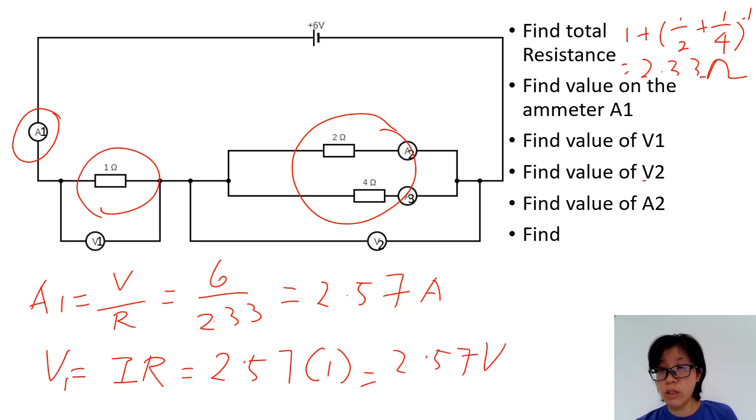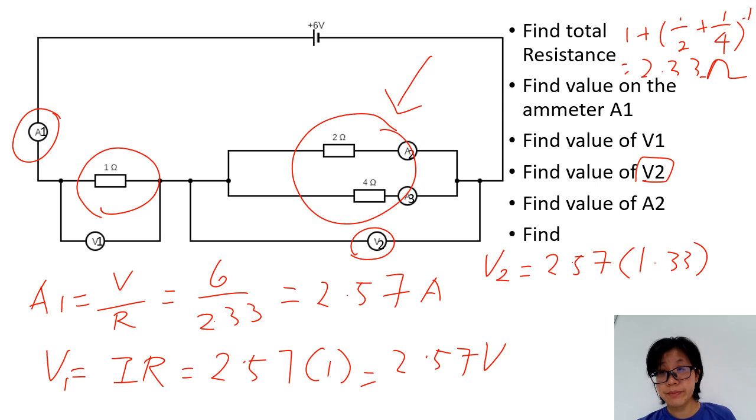Now if we want to find V2, V2 is here, so we need to find the total resistance here, which was 1.33. Hence V2, I is still 2.57 times R, in this case 1.33.